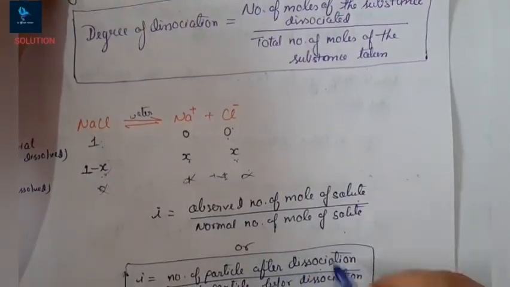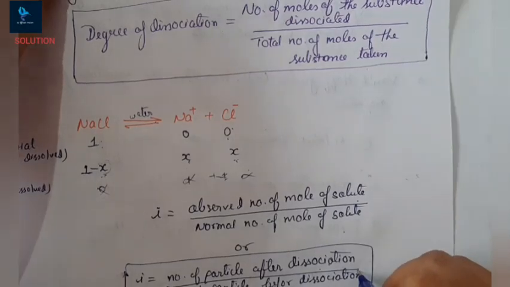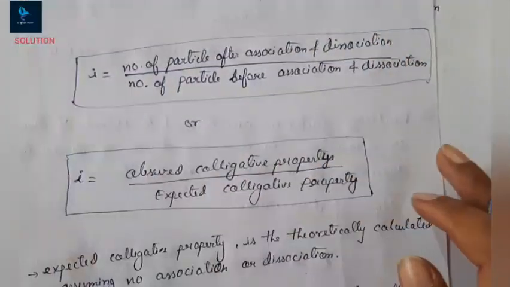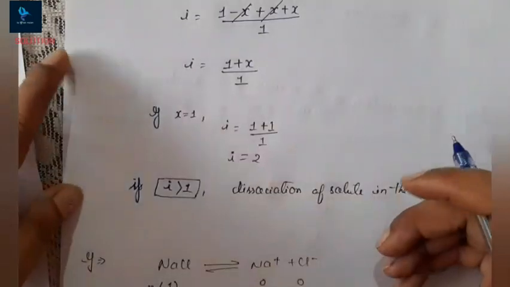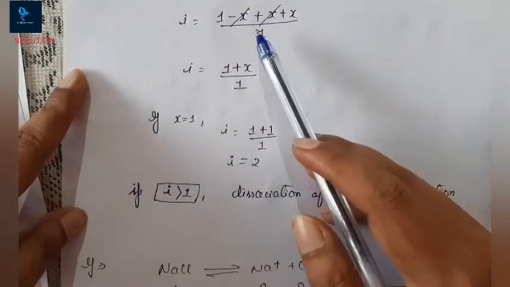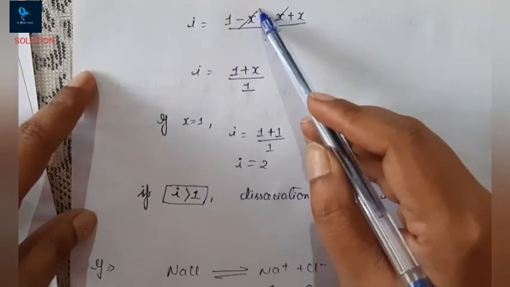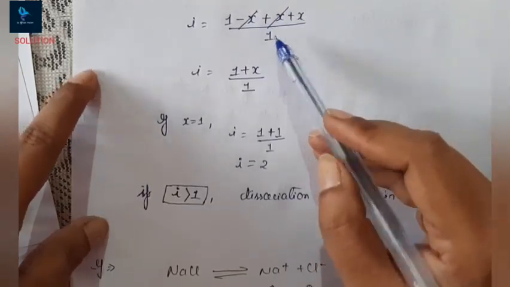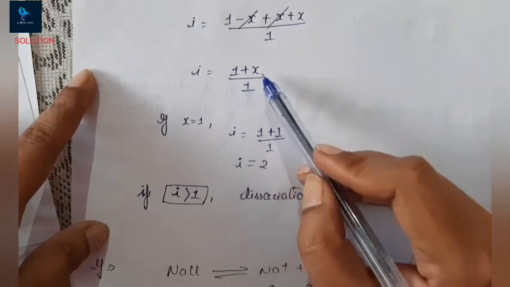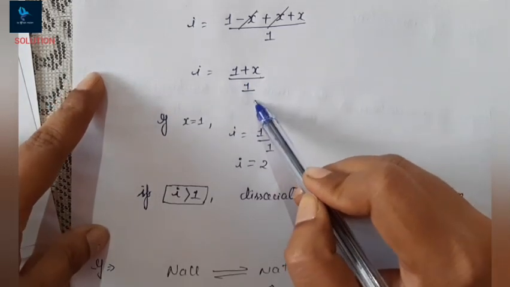Putting these values in this formula, we get i equal to 1 minus x plus x plus x divided by 1. Here the minus x and plus x cancel, and we get i equal to 1 plus x divided by 1.